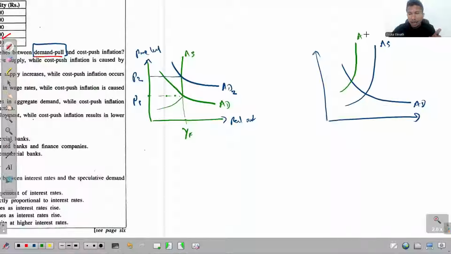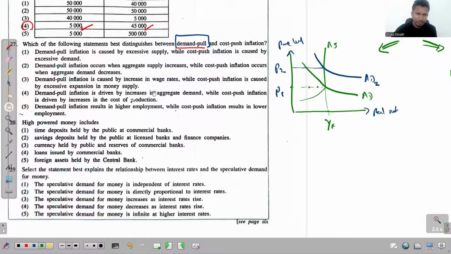See what happens. Initial price level is P1 and the new price level is P2. So as a result of shifting the aggregate supply curve to the left side, the price level has increased. So this increase in price level we again recognize as an inflation. But the difference between the two is this is demand pull inflation and this is cost push inflation. So that's the difference.